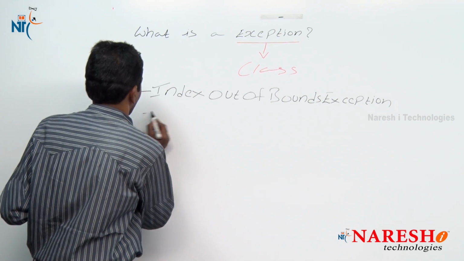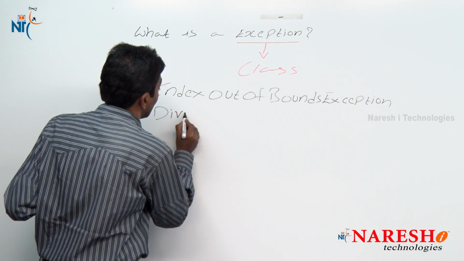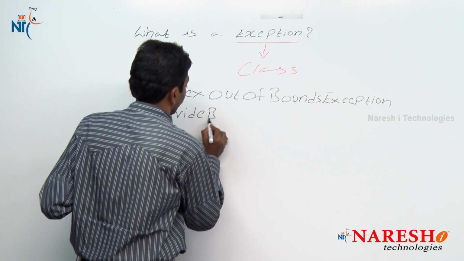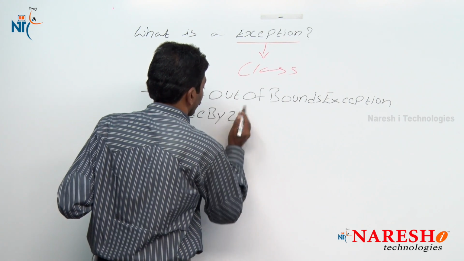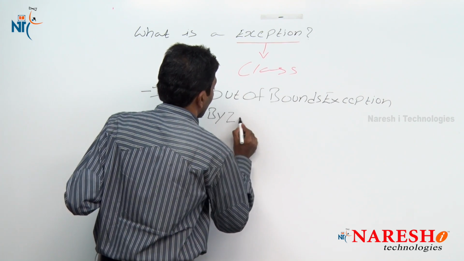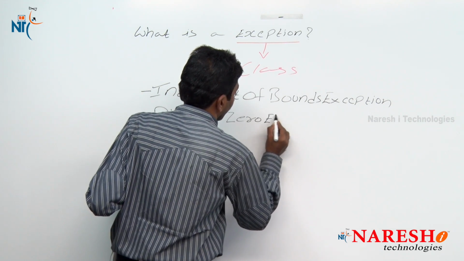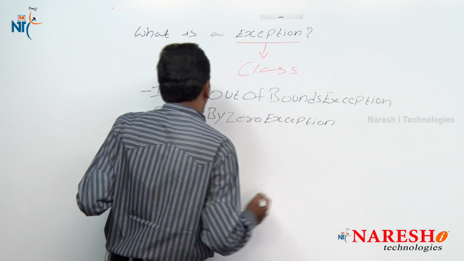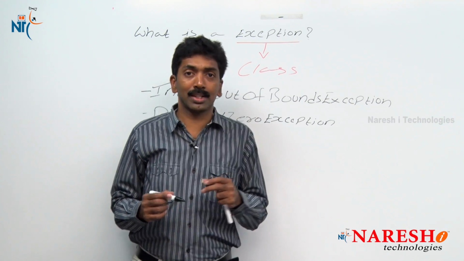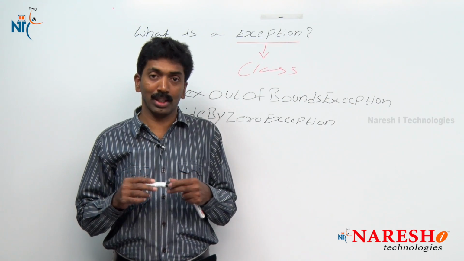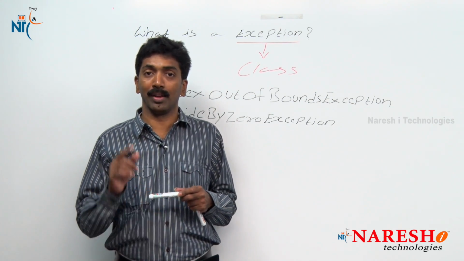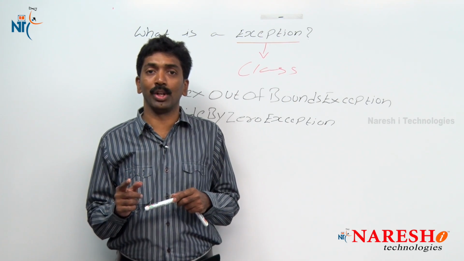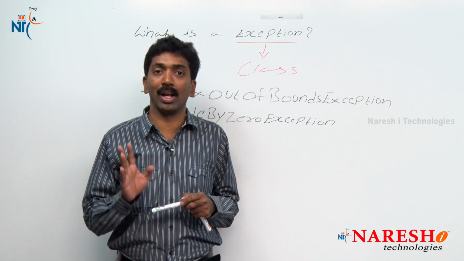Next, divide by 0 exception. Understand this. In our school days, we learnt in mathematics that a number can never be divided by 0. If you try to divide a number by 0, that's invalid.